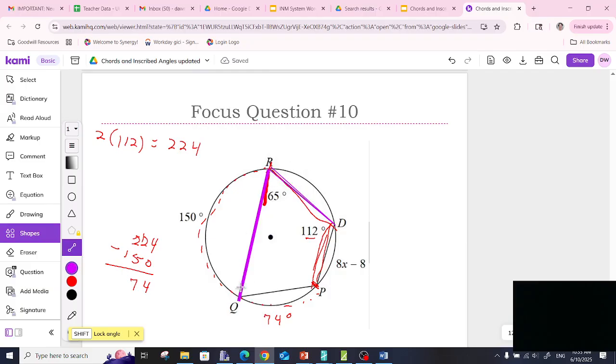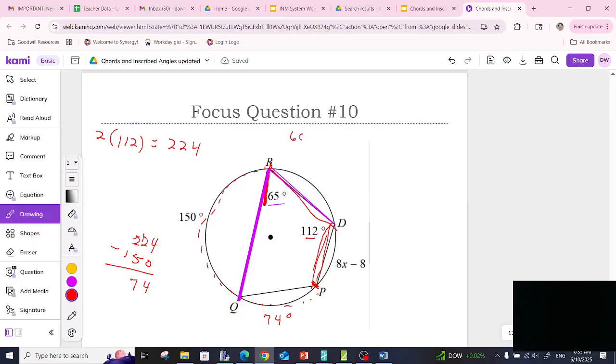Okay, so see this inscribed angle? And it's these two arcs added together is this full arc, right? And here's the inscribed angle for it. So if I take 65 times 2, I can now set that equal to 74 plus 8x minus 8, which gives 130 is equal to 74 plus 8x minus 8.